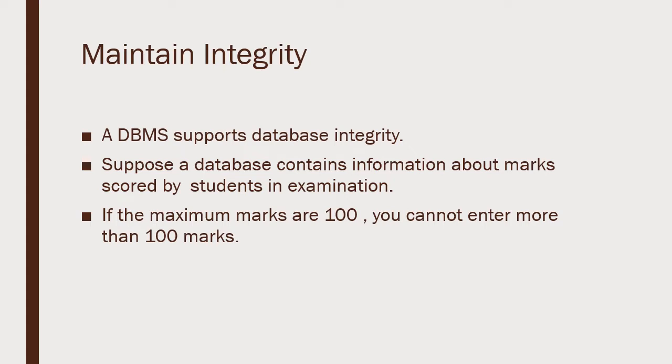Similarly, if you try to give less than 10, there should be a message given by the software. Another example, suppose without giving data to the field, you click on the submit button. Then there will be a message: insert the necessary data first and then click on the submit button. So these are known as maintaining integrity. So that can be managed by this software.